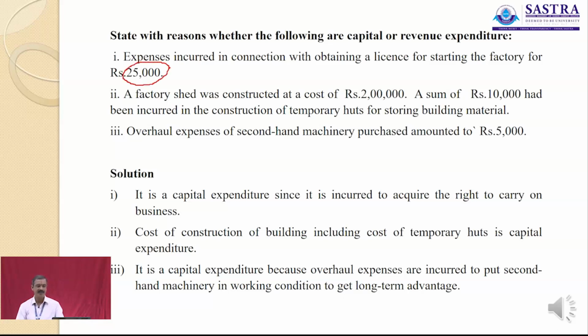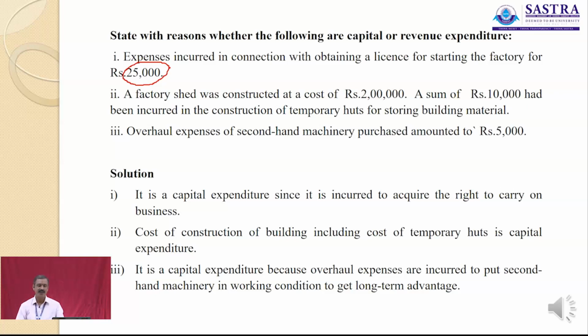This amount is spent in connection with obtaining or acquisition of the license or receipt of license for starting the factory. So what kind of expenditure is it? It will not be spent for more than one accounting period. Will it not be? Won't you understand this?